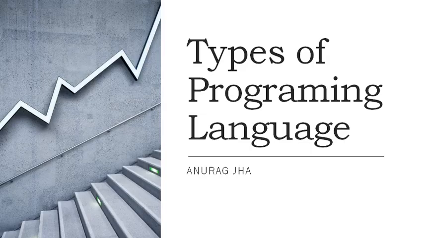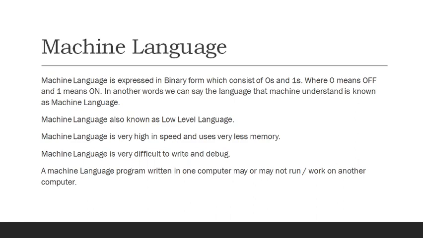Types of programming language. Machine level language, assembly language, high level language, fourth generation language. Machine language is expressed in a binary form that consists of 0 and 1s, where 0 means off and 1 means on.